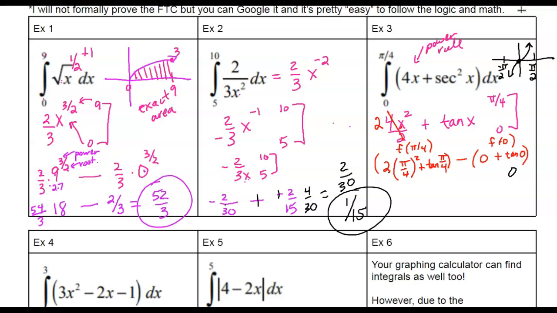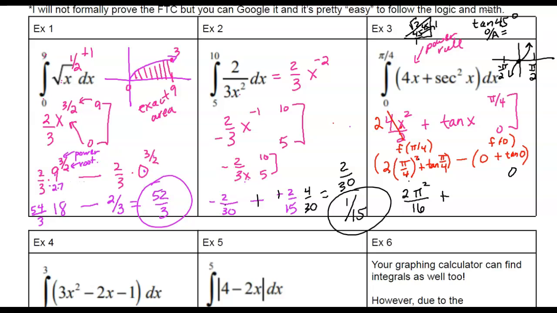If I clean this up, I get 2 pi squared over 16. Plus, I need the tangent of pi/4. Well, that really, I'm going to write it up here, is the tangent of 45 degrees. So if we draw that 45-degree triangle, I get 1, 1, √2. So tangent is opposite over adjacent.